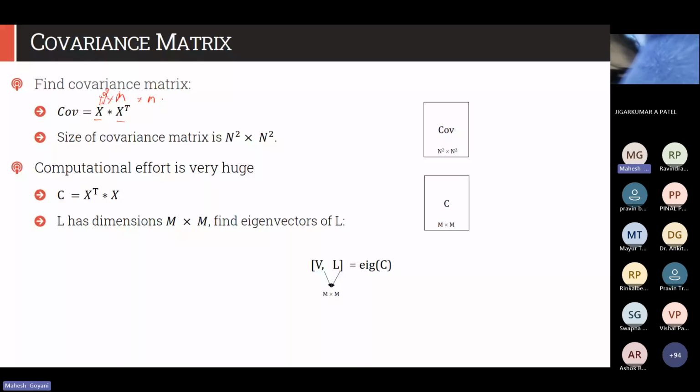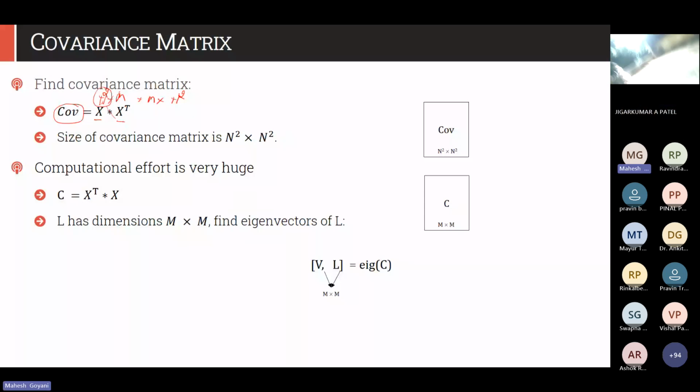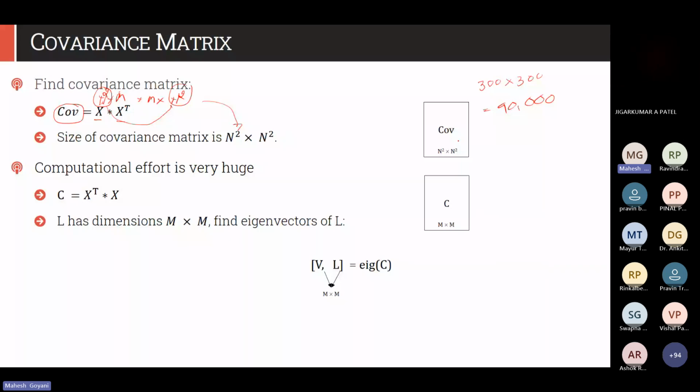So the dimension of this covariance matrix, when you multiply these two, will become n square by n square. That is a very, very high dimensional matrix, because n was 300 by 300. So n square would be 300 into 300, that is 90,000. Right? So this covariance matrix would be of 90,000 by 90,000 dimension. That is impractical to handle by any software routine.